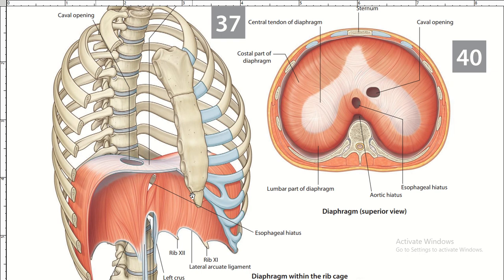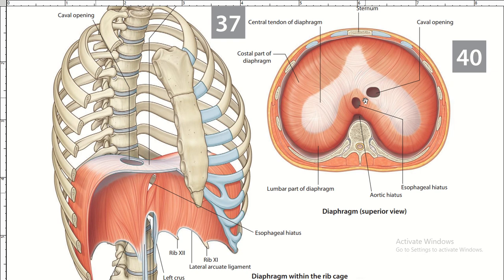The diaphragm is pierced by structures that will be moving to and fro, some going into the thorax, some leaving the thorax into the abdomen. So you have three main openings.